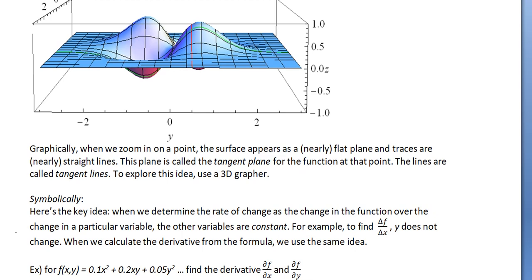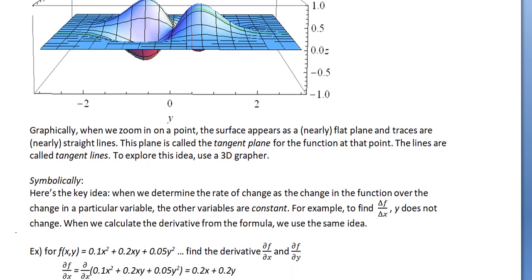So the derivative of that will just be 0.2y. And then finally, 0.05y squared. Derivative with respect to x means y is a constant. That whole term we're treating as a constant. So the derivative will be 0. And there you go.